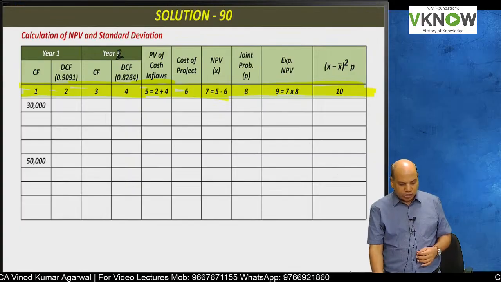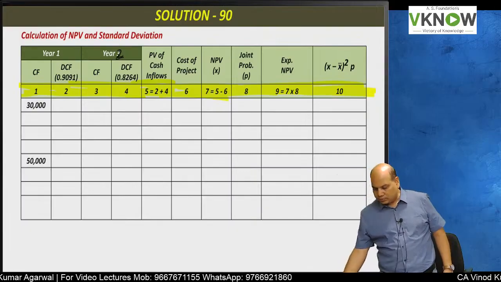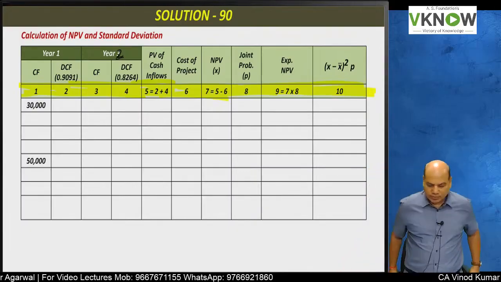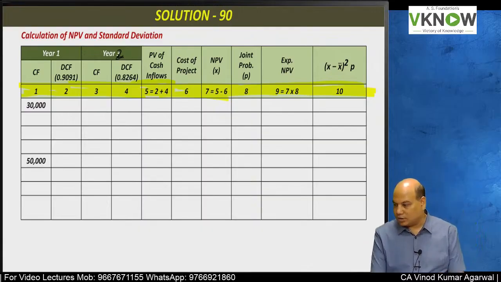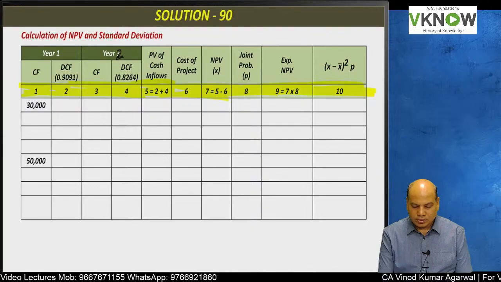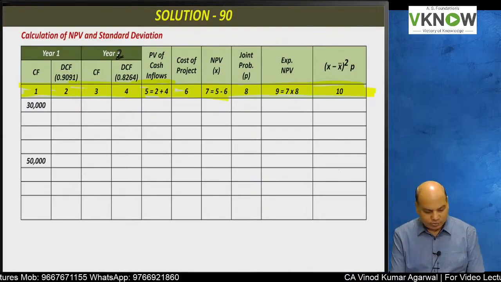So now we are ready. In the first year, write down 30,000. Keep 3 lines blank and write down 50,000.